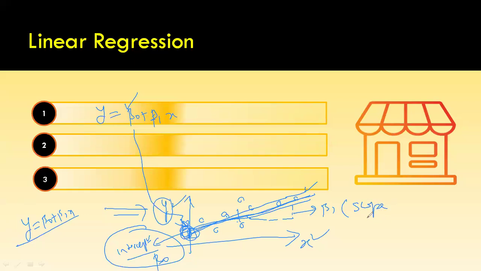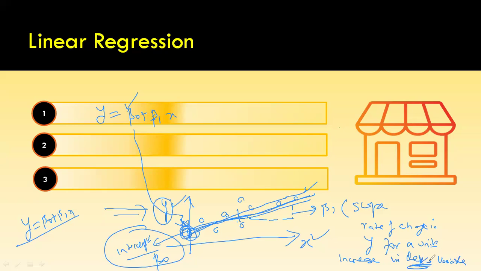And here, in linear regression, it represents the rate of change in y for a unit increase in, this is very important, guys, for a unit increase in the dependent variable.